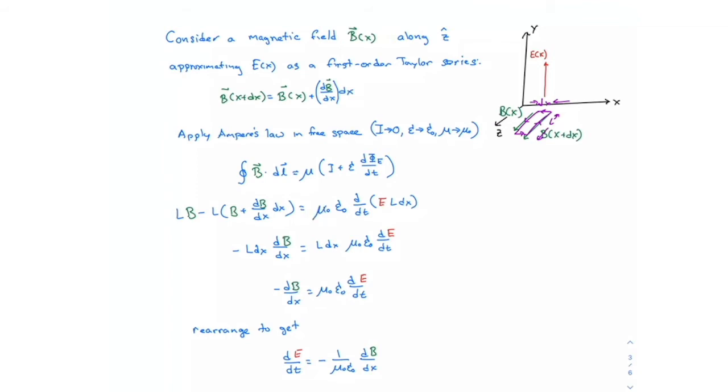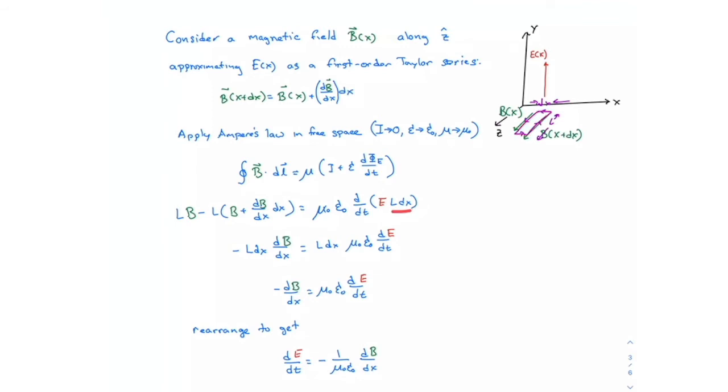On the right side, I'm able to get rid of the current term because I'm assuming I'm in vacuum where there's no matter, so there's no charges that can carry a current. And so I just have this mu times epsilon dΦ/dt. And I'm going to write mu and epsilon as mu naught and epsilon naught again because I'm in vacuum. And the electric flux is just the electric field times the area through this loop.